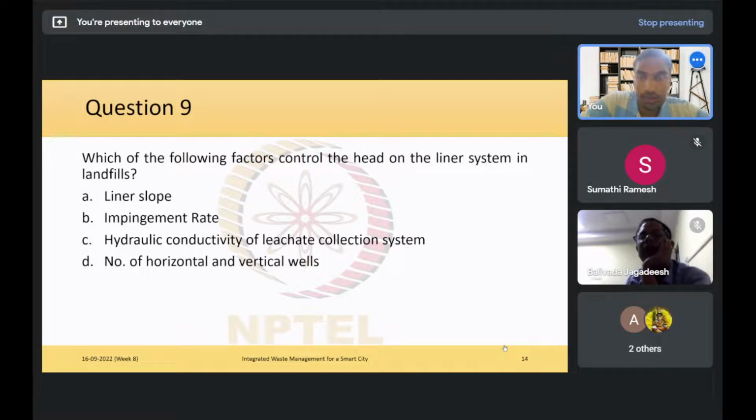Okay, I have options as A and C. Anything else that can affect the head on the liner system?